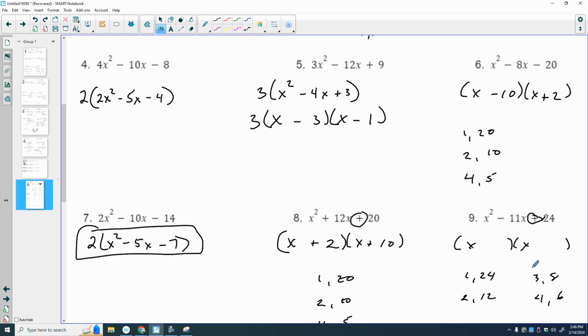No, no, yes. 3 and 8. If this sign is positive, these two signs are the same. Negative times a negative is a positive. And if this is a negative, then these are both negative. Okay.